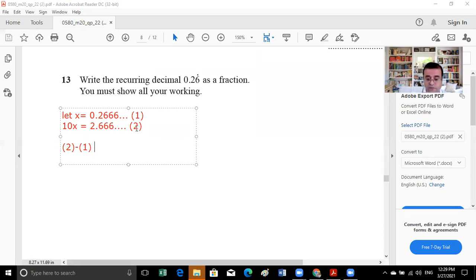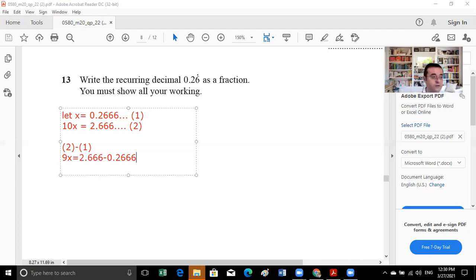What do you get? 10x minus x is 9x, correct? Equal what? 2.666 minus 0.2666, correct?